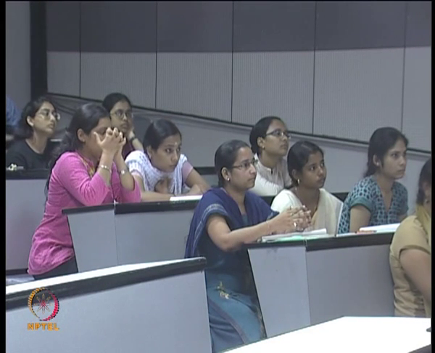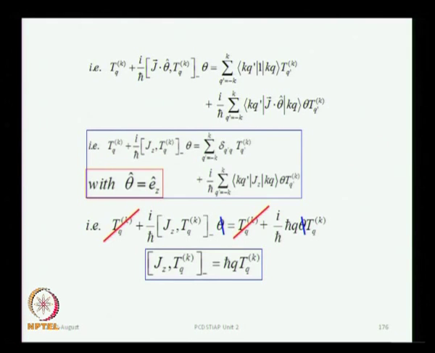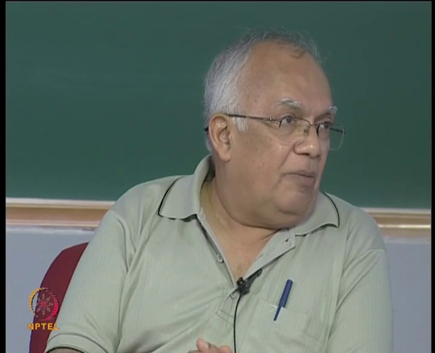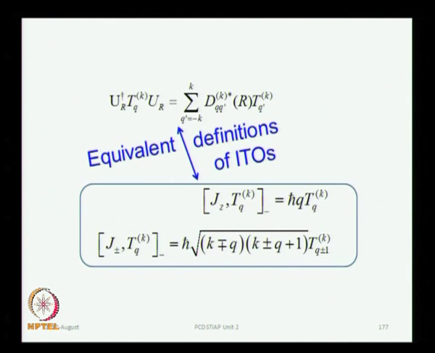In other words, this relationship can actually be used to define an irreducible tensor operator, and you can certainly define the irreducible tensor operator using this. So, these are equivalent definitions. You can define it also with respect to the j plus and j minus by working out similar algebra. I will not work out all those details now, it is a very similar exercise as we just did. Okay.